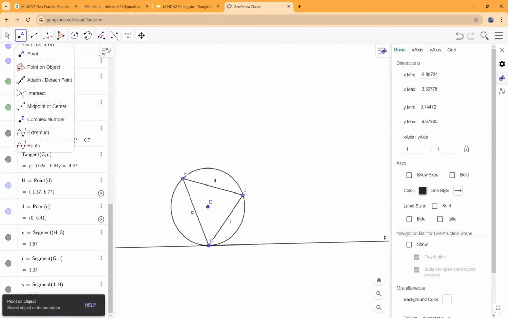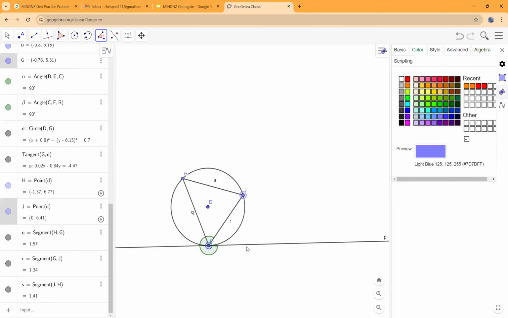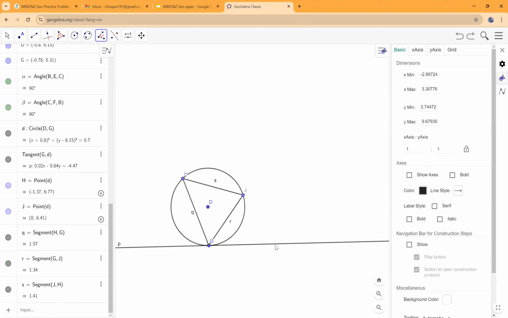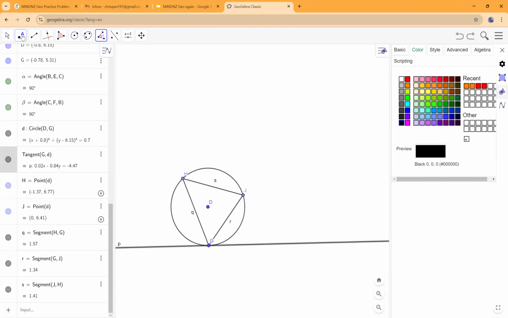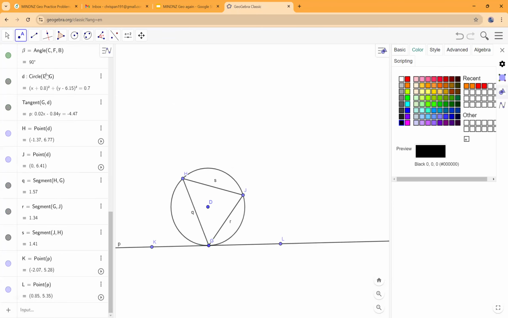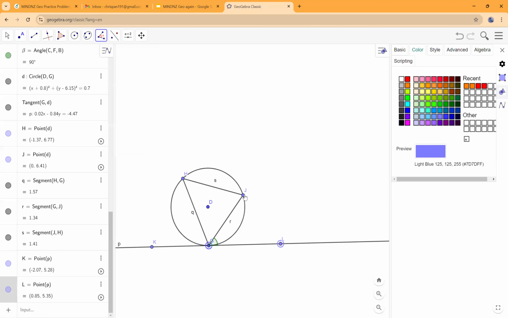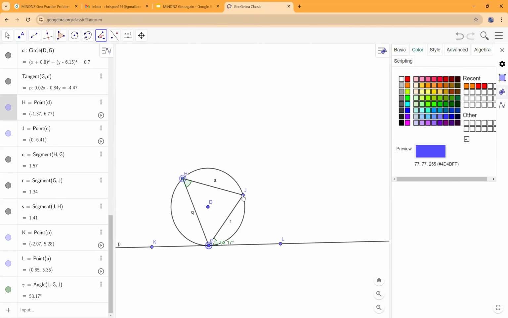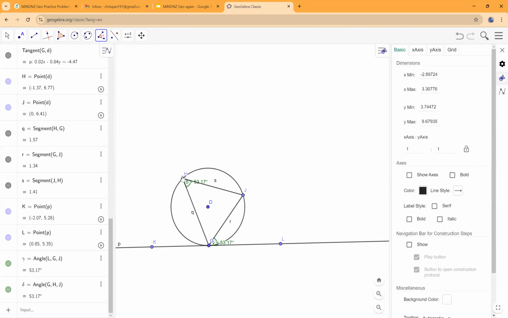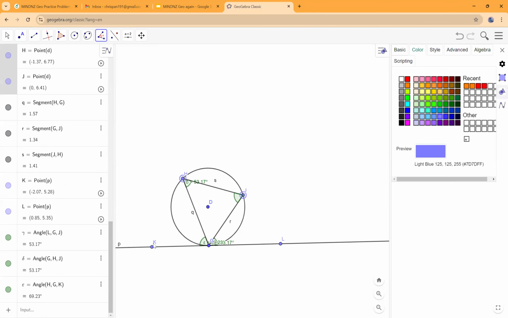then I have that this angle. Oh, sorry, not that angle. This angle equals this angle, right? Here they're both 53 degrees. This angle equals this angle.